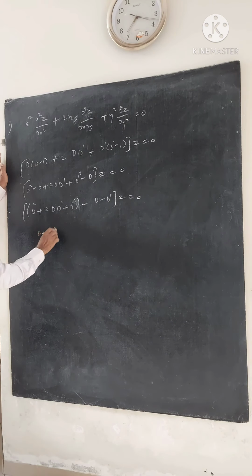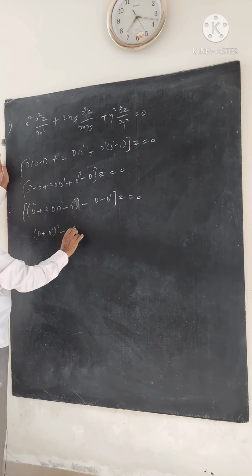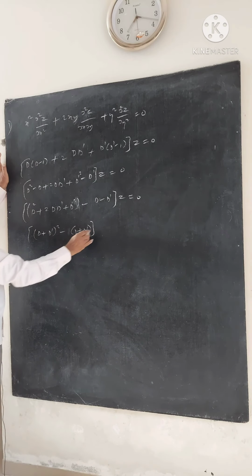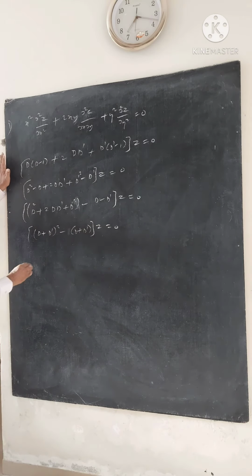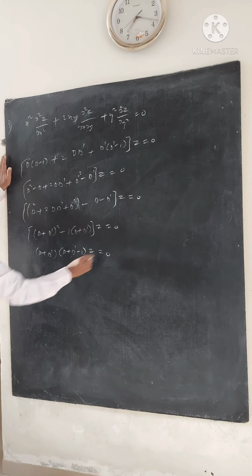Here, (D + D')² is of the form (a + b)² = a² + 2ab + b². Taking out (D + D'), we get (D + D')(D + D' − 1) of z equal to 0.